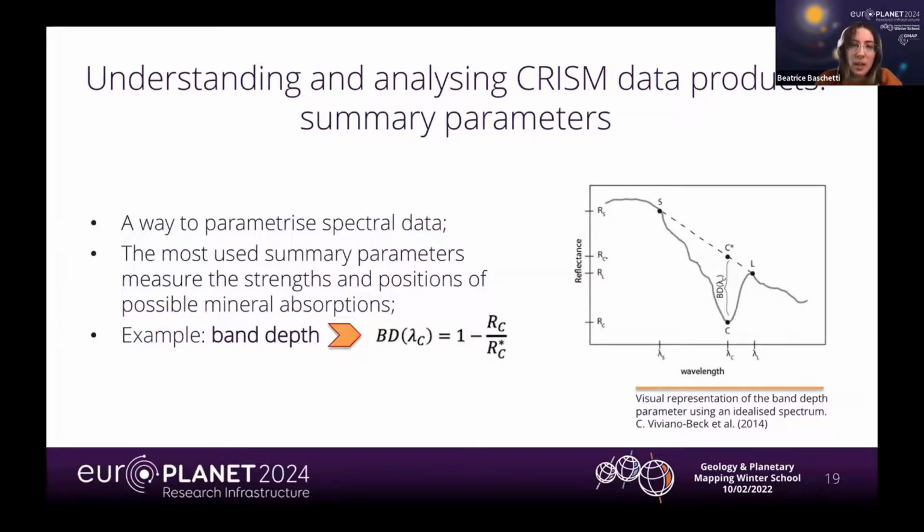One of these, which is the most used, is to use summary parameters. Summary parameters are a way to parameterize spectral data. For example, they can measure the position of some mineral absorption and the strength of the absorption. And the most used of these summary parameters is the band depth. Here you have the mathematical expression.